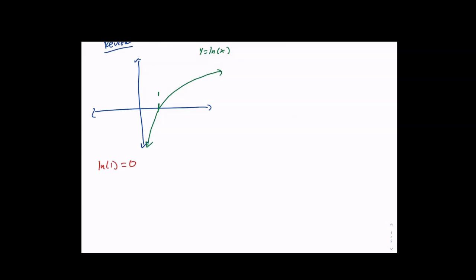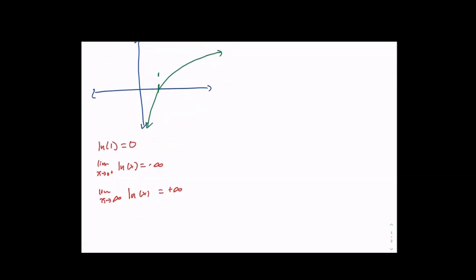Another property is that the limit as x approaches 0 from the right-hand side of natural log of x is negative infinity. The limit as x approaches infinity of natural log of x is positive infinity.